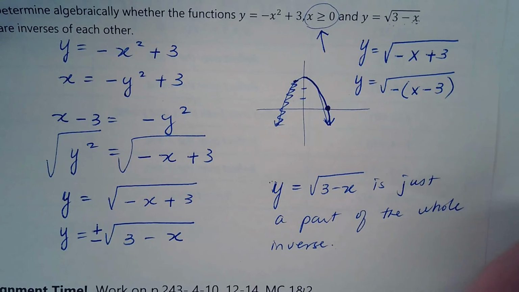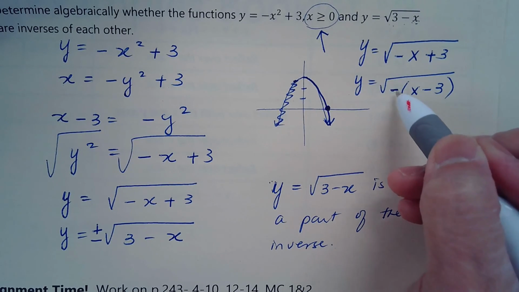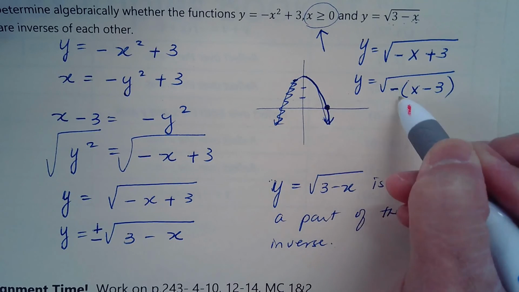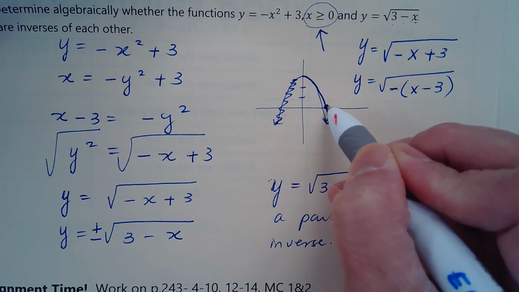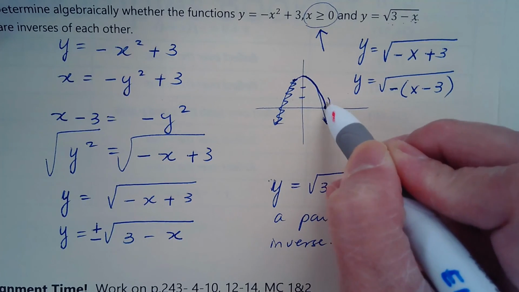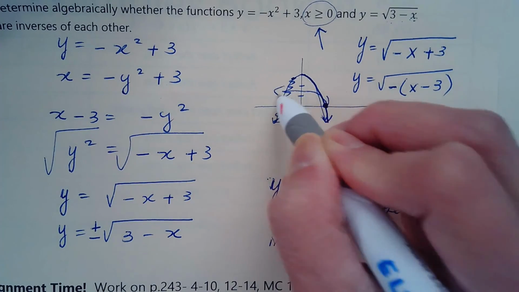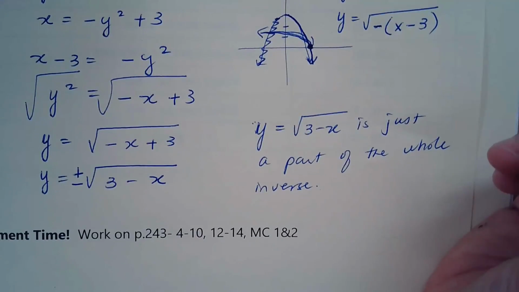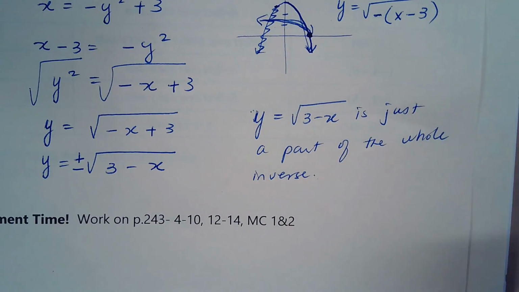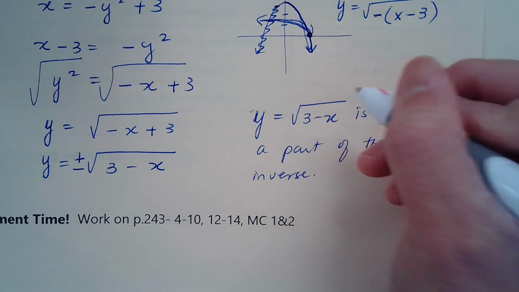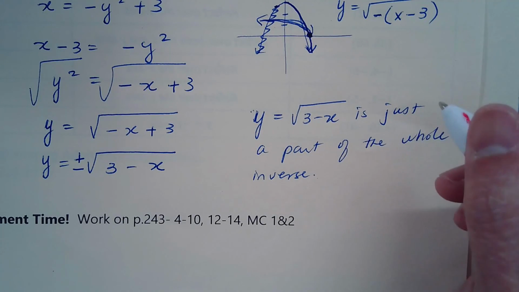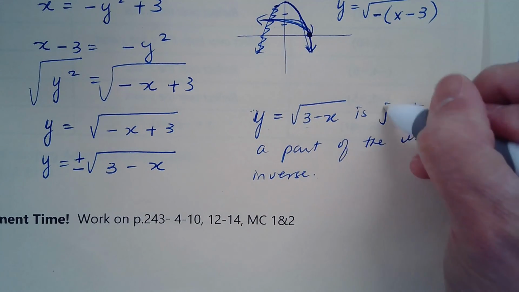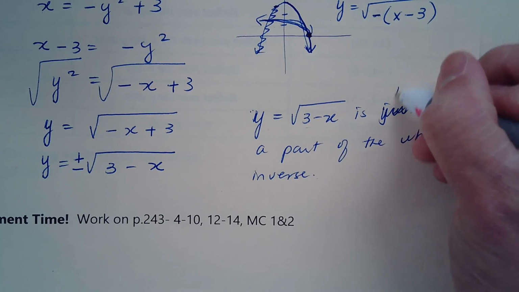So this is a reflection in the y-axis. So it's going to go like this. So yeah, they are. Yes. How can I fix this? So the square root function is the inverse.